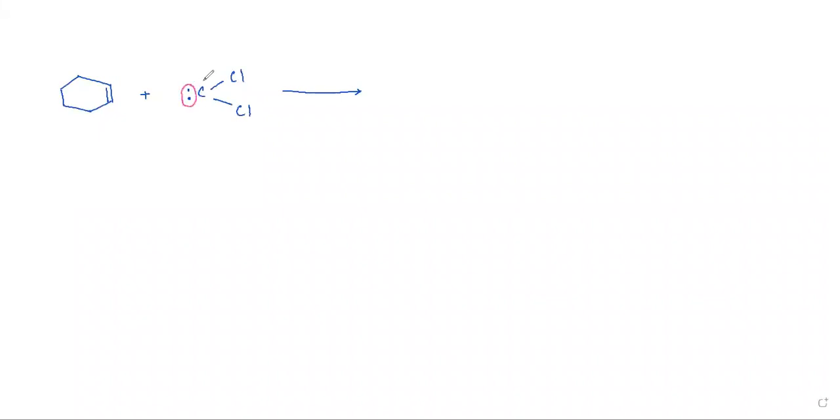As per the mechanism, add this across, just a second, goes to carbon. So anyway, the dichlorocarbene is added across the multiple bond. Okay, carbon with 2 chlorines.